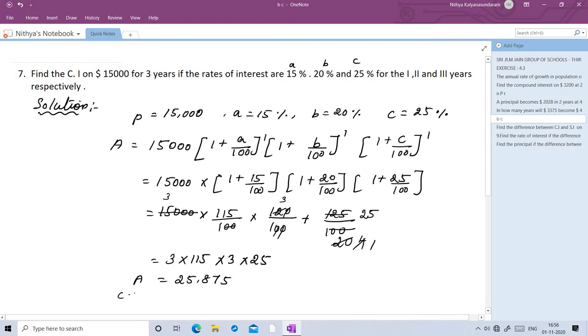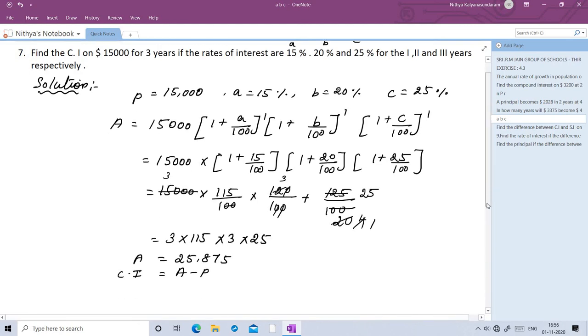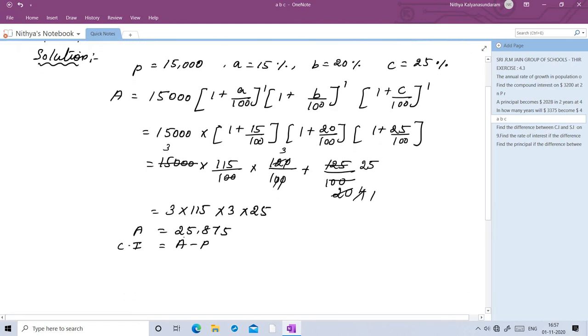Then we want to find the compound interest: amount minus principal. Our amount is 25,875, principal is 15,000. So 25,875 minus 15,000 is rupees 10,875.